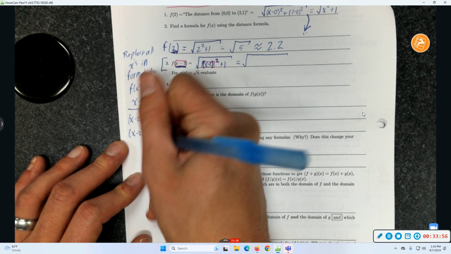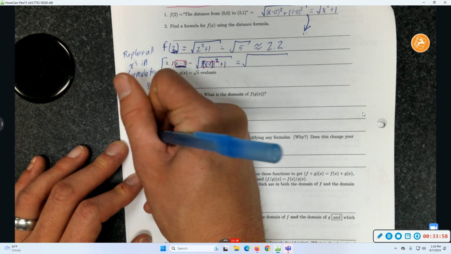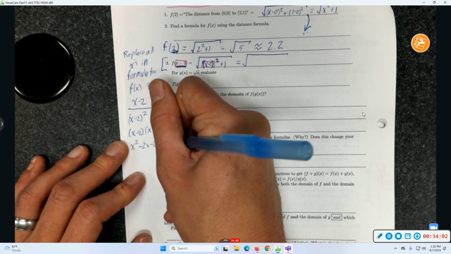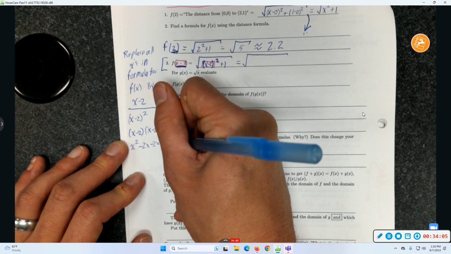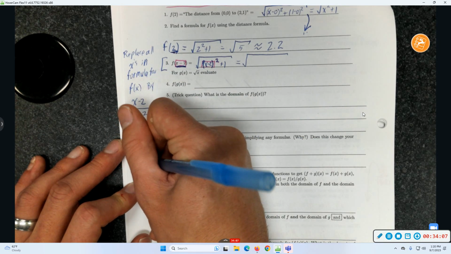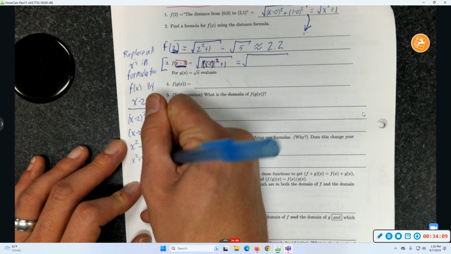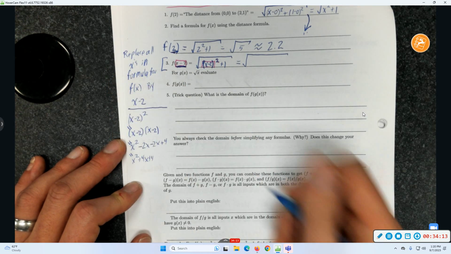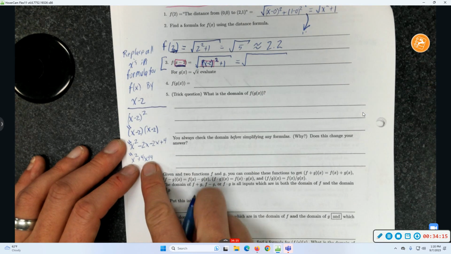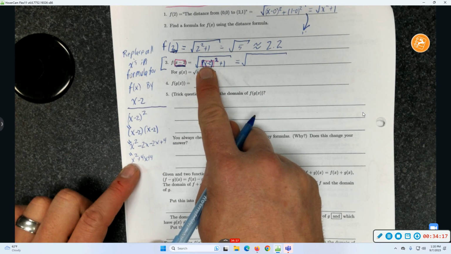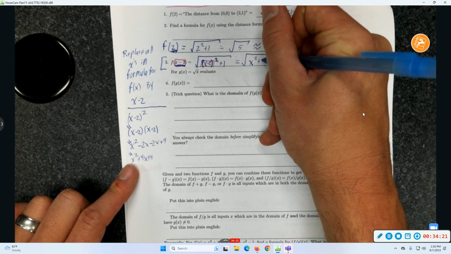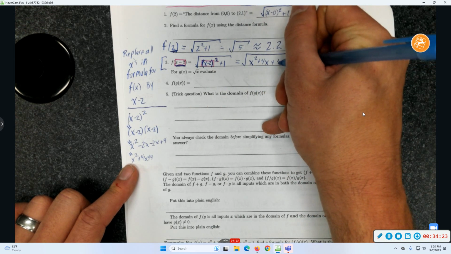You'll get x times x is x squared, minus 2x, minus 2x, minus 2 times negative 2 is plus 4. X squared minus 4x plus 4. And these things are all equal to each other, so let's put some equal signs between them. So this is what the thing that's being squared is equal to, and then I add 1. X squared minus 4x plus 5.